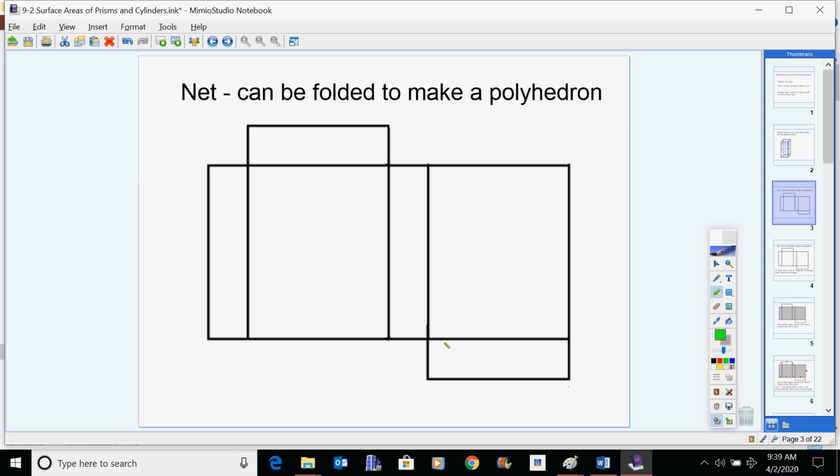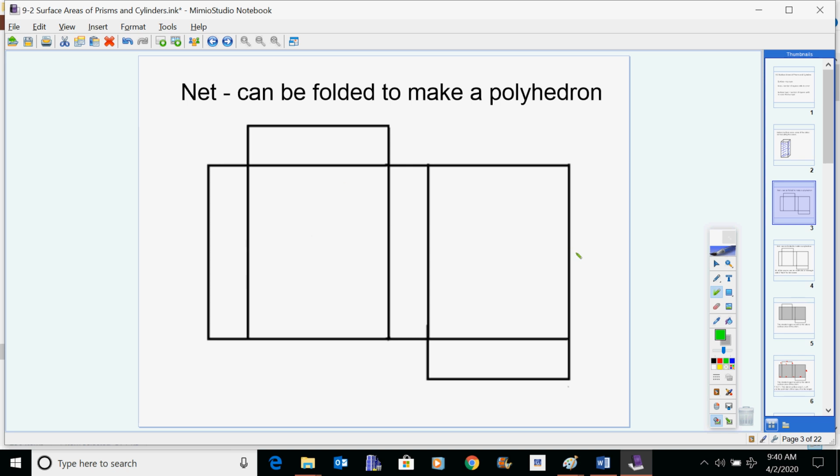Now on a cereal box, you'd probably have a flap on both sides, but just imagine the whole top of the box and the whole bottom of the box hanging off, and you've unfolded your cereal box so that you've got it all laid out flat, and we're thinking about the surface area of it.